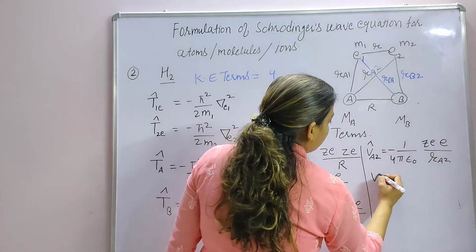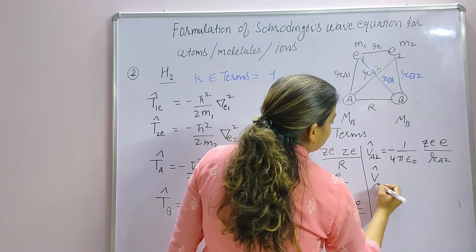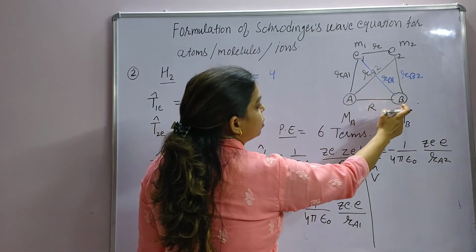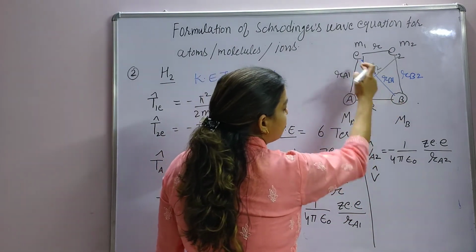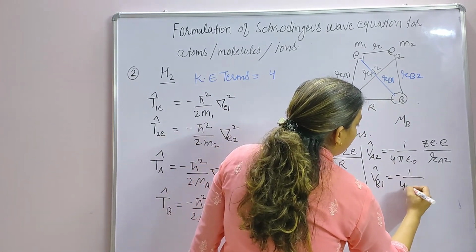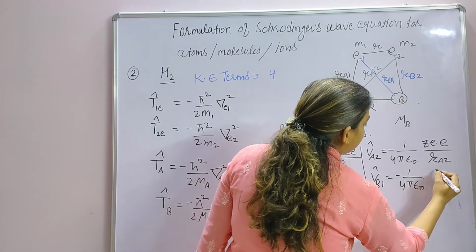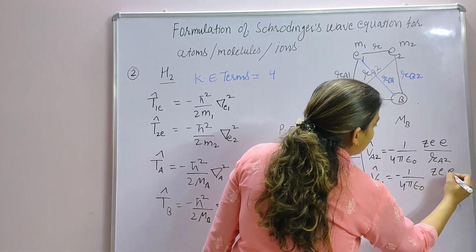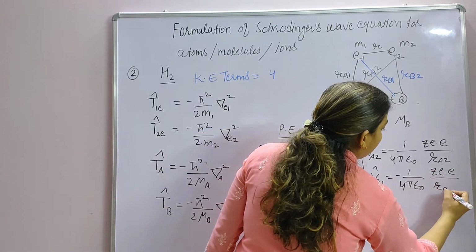Fourth term. Fifth term will be force of attraction between second nucleus and first electron, B1. Minus 1 by 4 pi epsilon naught, charge on the nucleus, charge on the electron, RB1.